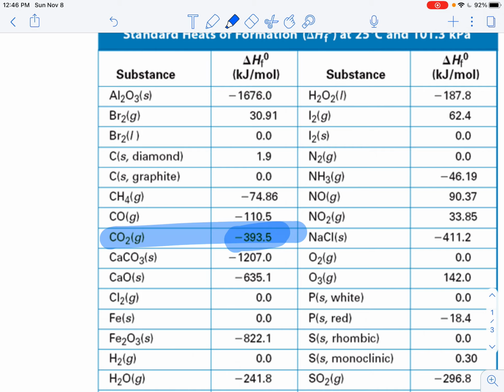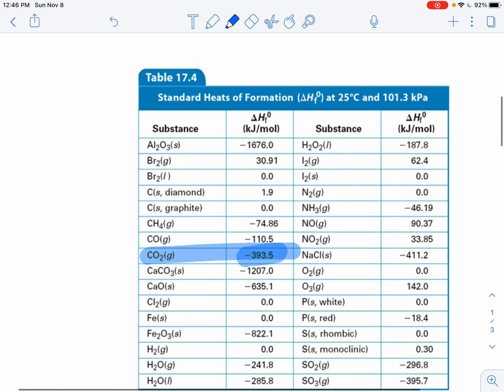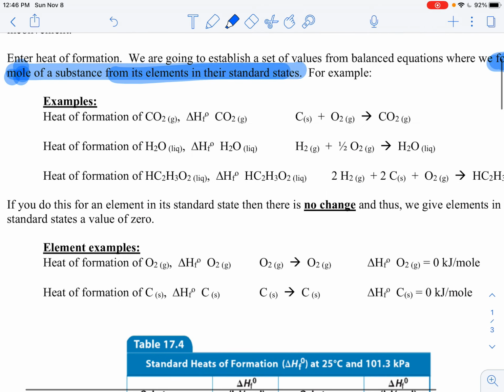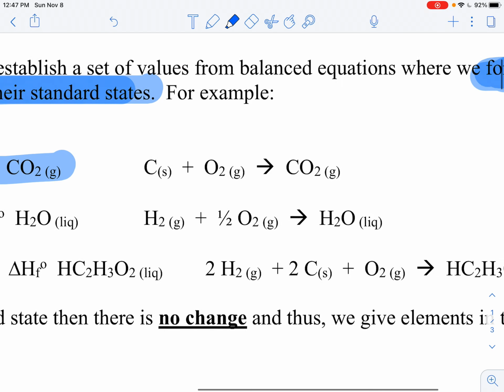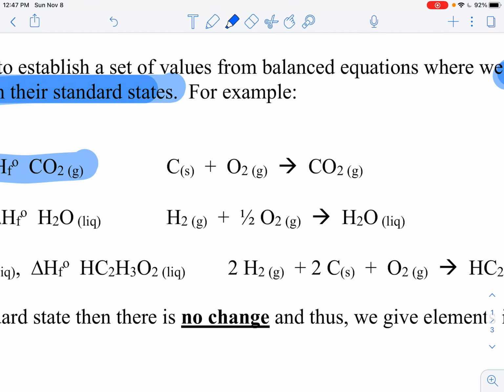So if I look up carbon dioxide here, carbon dioxide has a heat of formation of negative 394, give or take. What that means is that when I look up that value in the table, this is the equation that they are saying.